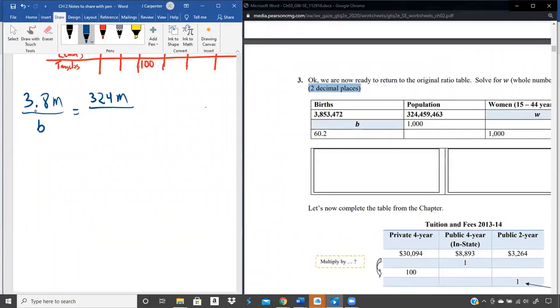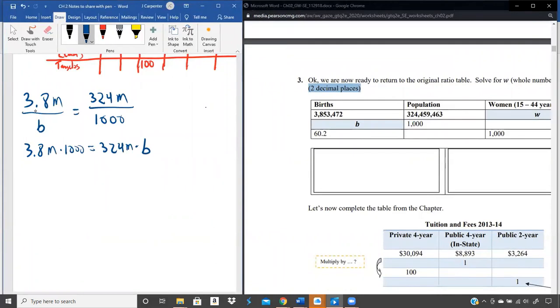Now, when I do my calculator, I will write the numbers in appropriately. You cross multiply, so you'll get 3.8 million times 1,000 is equal to 324 million times the B. Again, the M's are abbreviations for millions. Don't think they're variables, please.